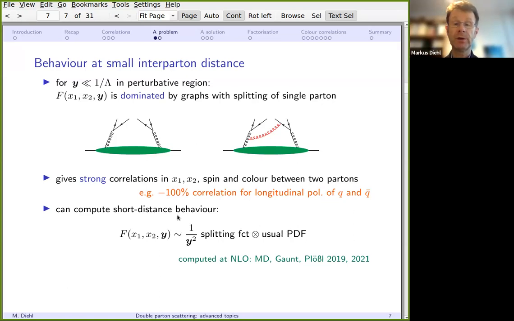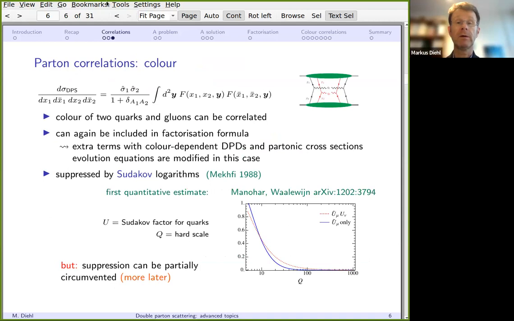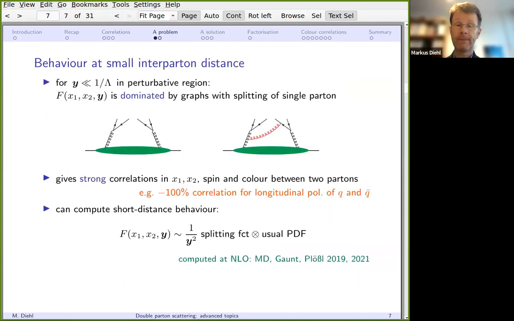And you can easily see for dimensional reasons, since this here is a distribution, a density in the area y squared, that its mass dimension must be 1 over area. And the only area you have in this computation is y squared. That tells you if you go to small y, this definitely grows very fast and becomes dominant.